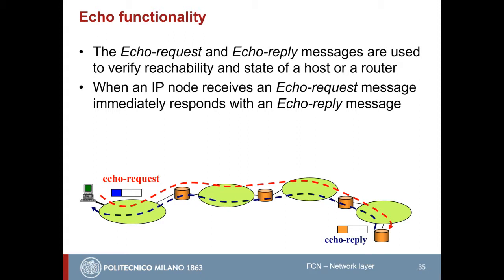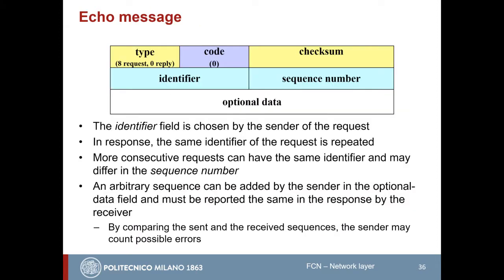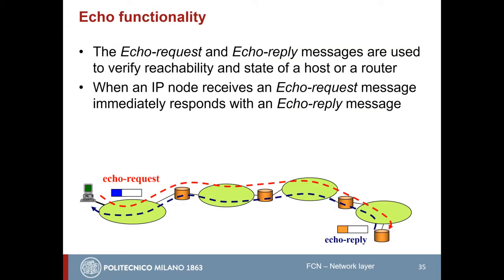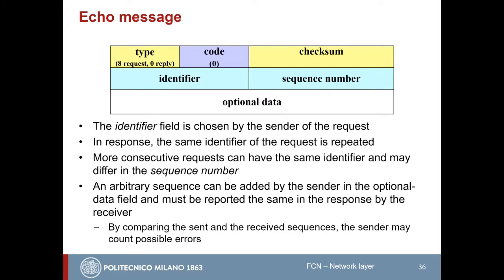to the original host. So probably you have already guessed that this is a way to implement what is known in the upper layers as the ping, the ping application, and we will look at it in a minute. So the echo message has different fields in the headers.